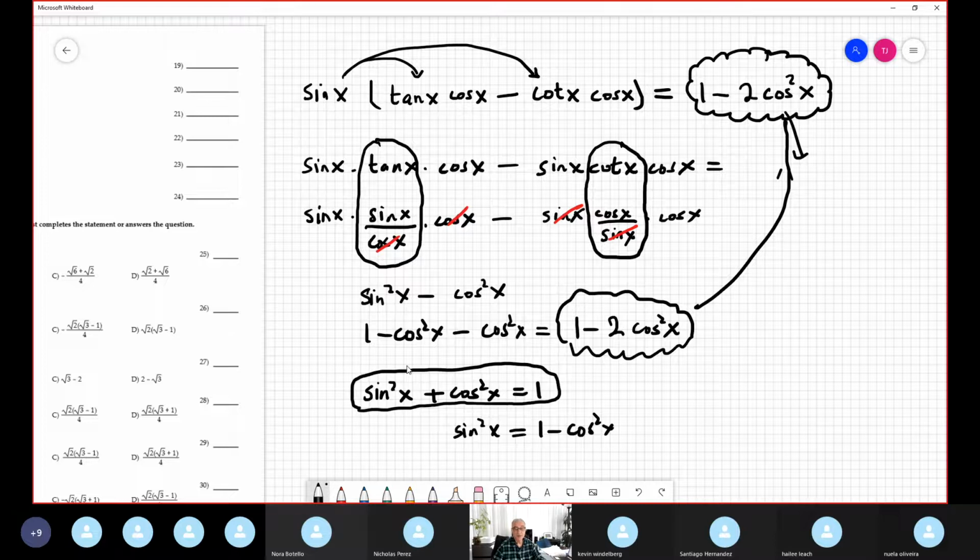No reciprocal in that case, no even-odd. Only tangent, cotangent identity and Pythagoras, the Pythagorean identity that involves sine and cosine. Very good or no? Good. That was number 21.